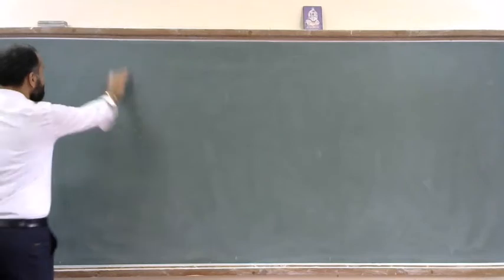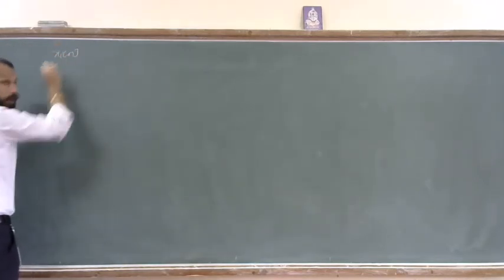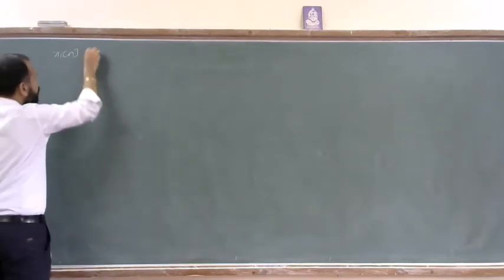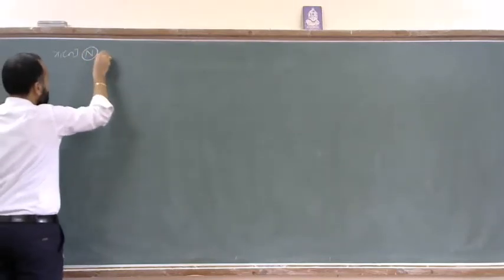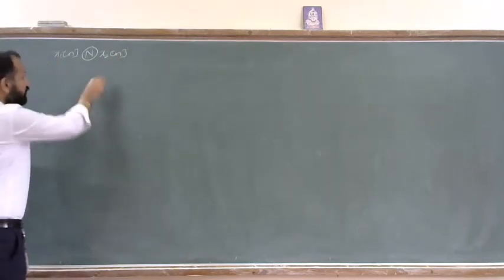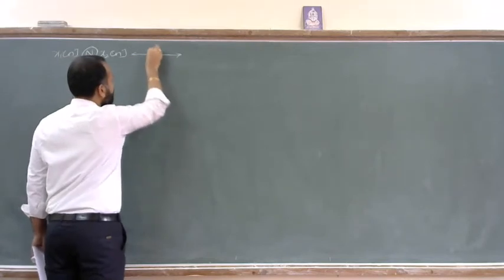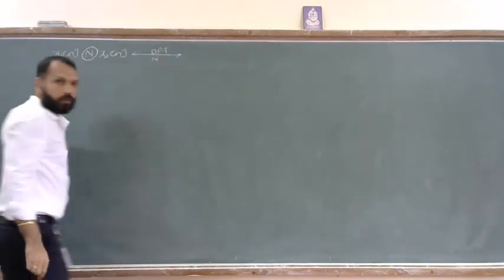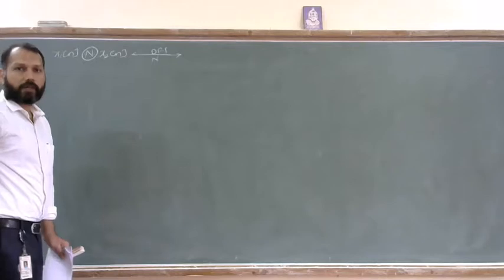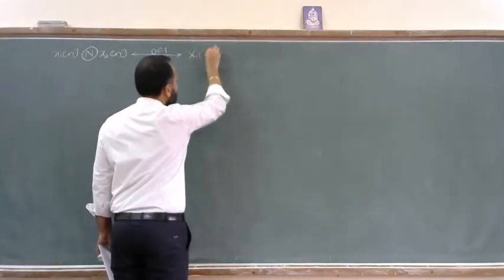If we have two sequences, x1 of n, n-point circularly convolved with the second sequence, x2 of n, this is the time domain operation. What should be its equivalent operation in the frequency domain? What should be its n-point DFT? Their respective DFTs will be multiplied together.